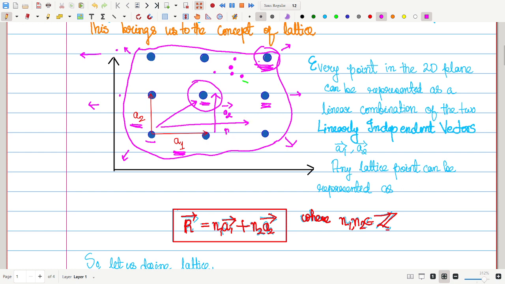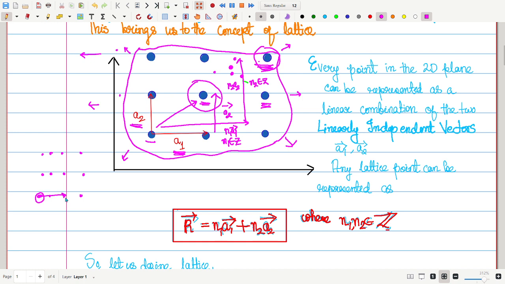If we want to reach these points, it will be n1 a1, where n1 is some real number, plus n2 a2, where n2 is another real number. So we can reach literally any point. If we have some points like this, these are the lattice points, and this is the origin.